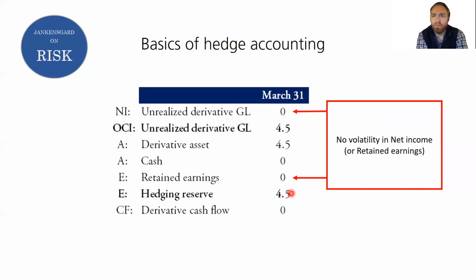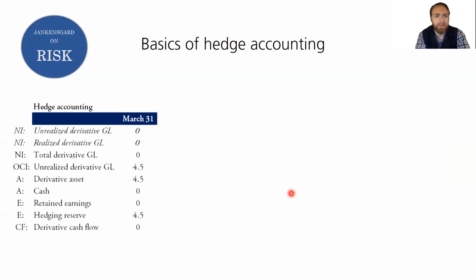So for more or less psychological reasons, it feels better to have them out of net income, but if you're a tiny bit cynical, you could argue that in some cases it's related to compensation plans. So it's a multifaceted concept to understand why firms do hedge accounting, but we'll save that discussion for later.